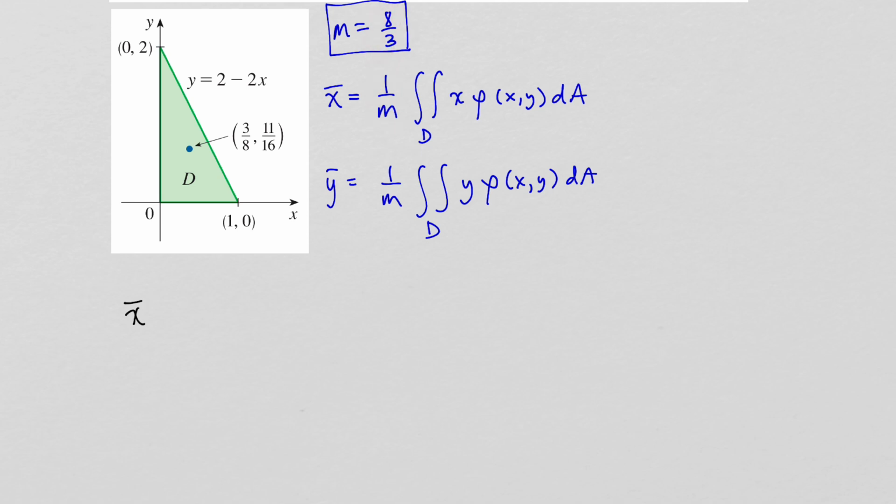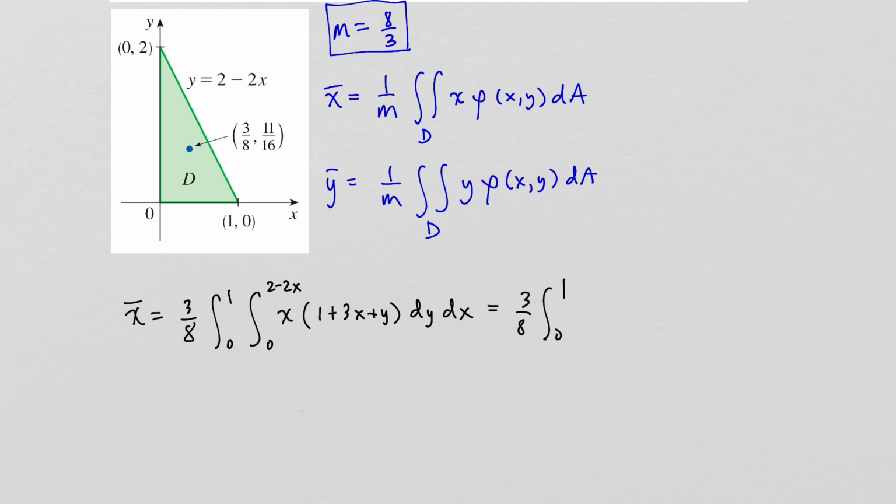So x bar is going to be 3/8 integral 0 to 1 integral 0 to 2 minus 2x, and then we have x times rho of x, y, and rho was 1 plus 3x plus y, and then this is dy dx.